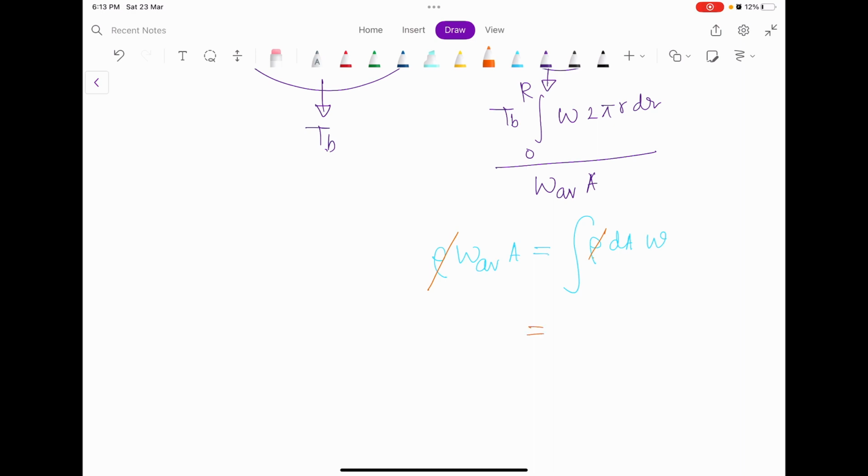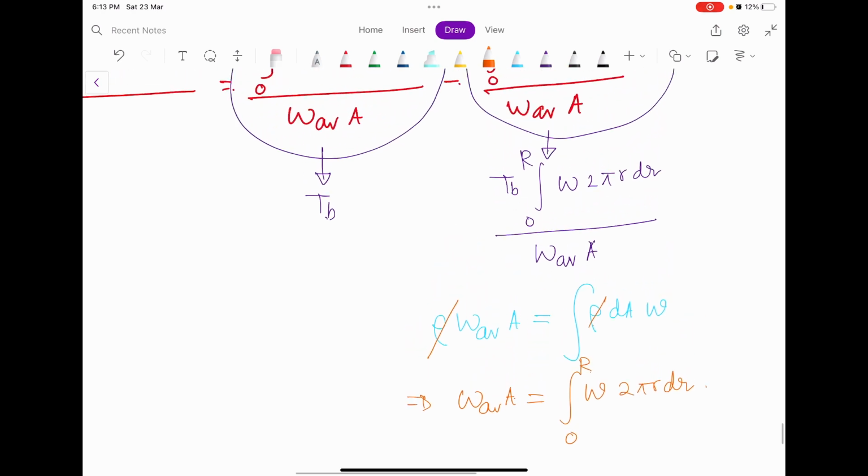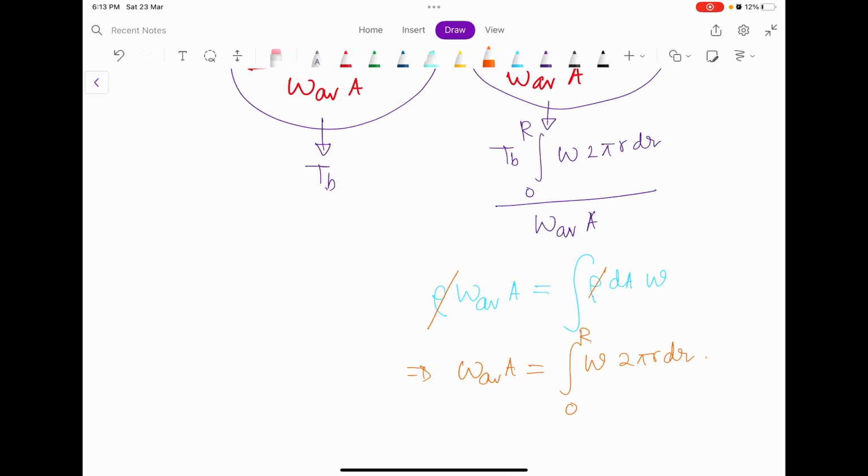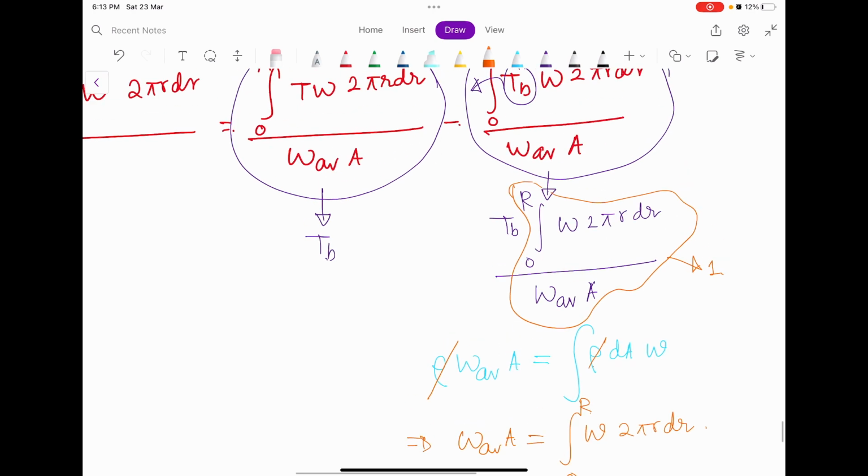In cylindrical coordinates dA is 2 pi r dr. So W average into A equals the integral 0 to r of W into 2 pi r dr. So this term here is 1, so this becomes Tb.